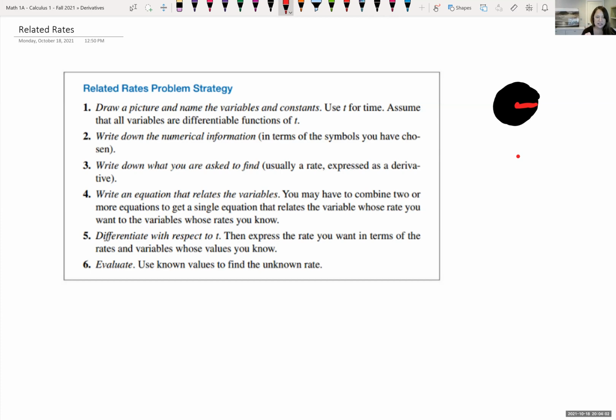And as that radius grows, so does the area. Both of those are in terms of time. Our radius is growing within time, and the area, in this case of our oil spill, is growing in terms of time.